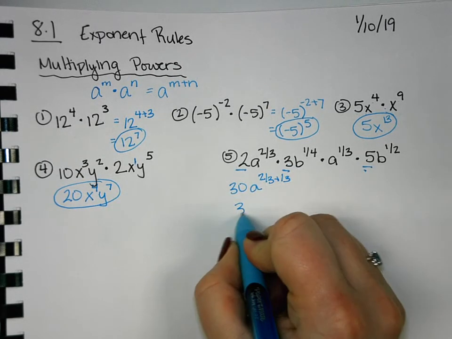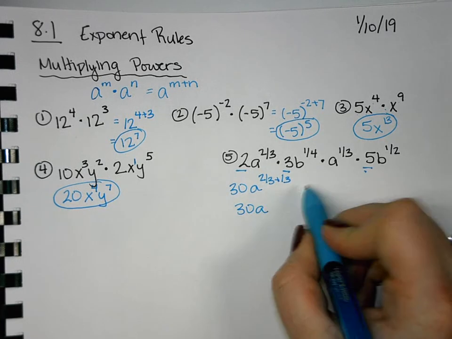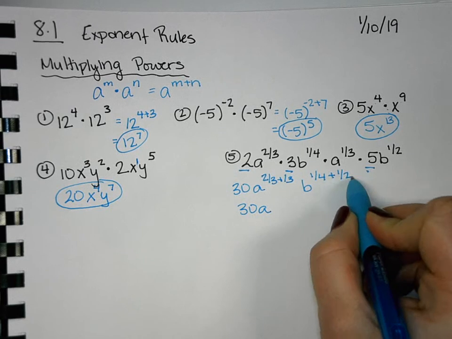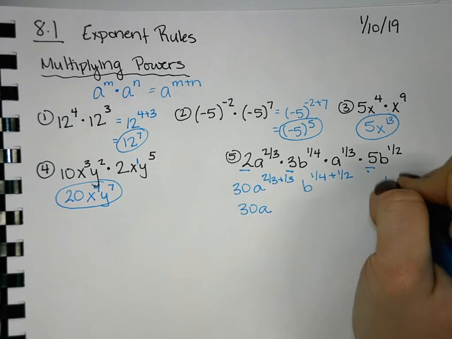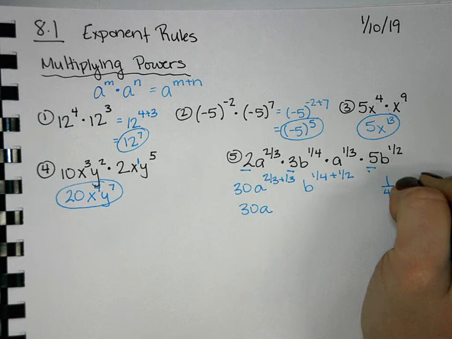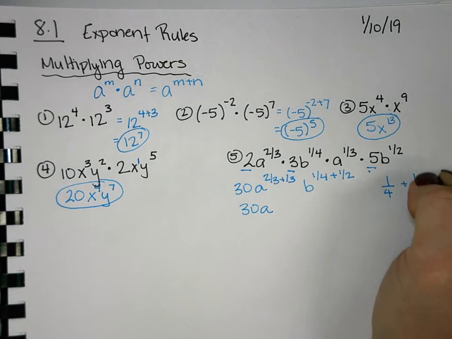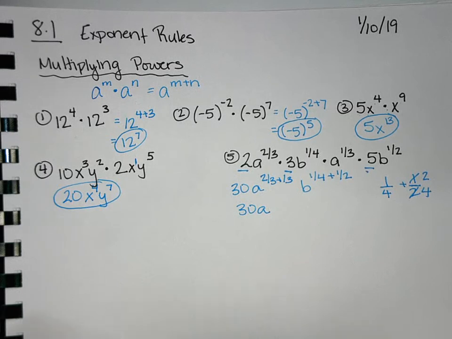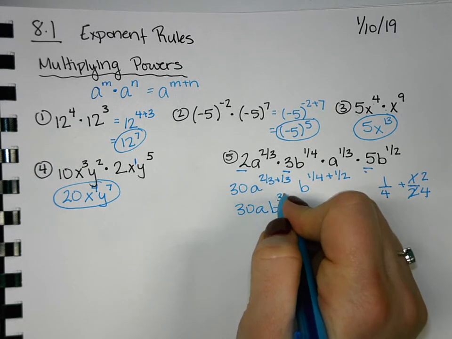Just 1. So we'll have 30a. And then we'll have b to the 1/4 plus 1/2. 3/4. Okay, so if you need to, over on the side, you can add them together, get a common denominator, change 1/2 to 2/4, and you would get 3/4.